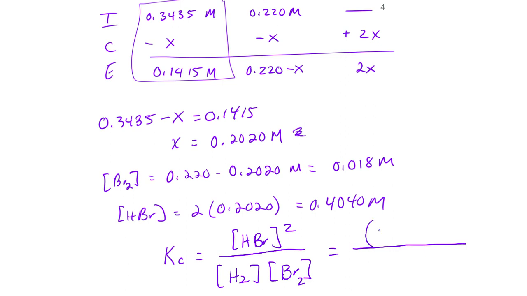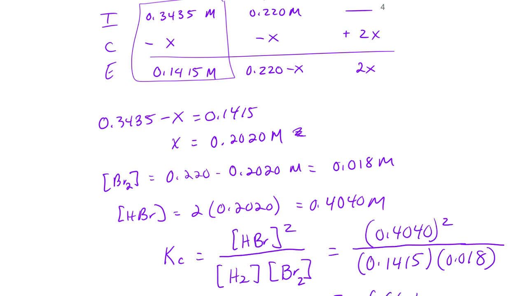We plug in our equilibrium concentrations, solve, and we'll end up with Kc equals 64.1. Questions on that part? Really easy to forget that square.